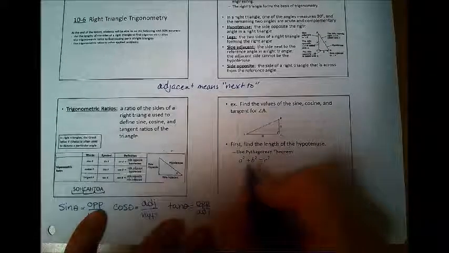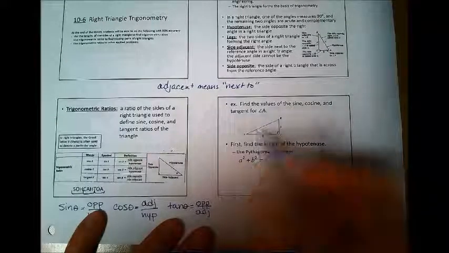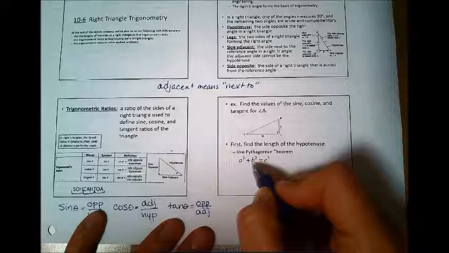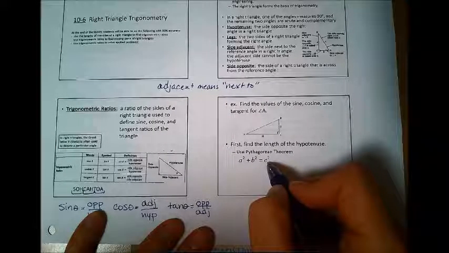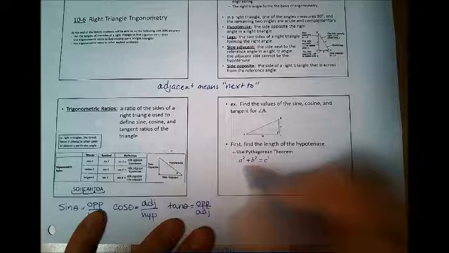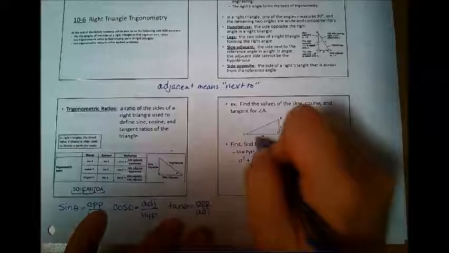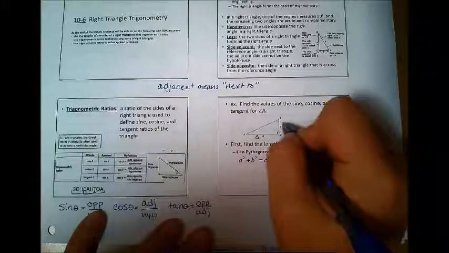But okay, so a squared plus b squared equals c squared. C squared is always going to be the hypotenuse. A and b are either side. So I'm just going to call a 12 and b 5.